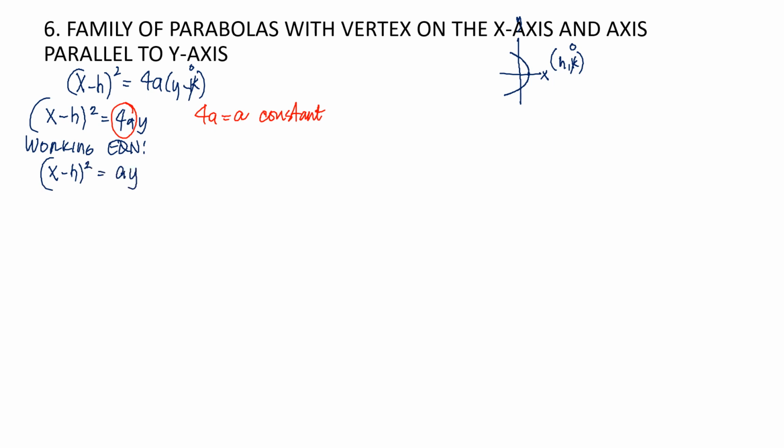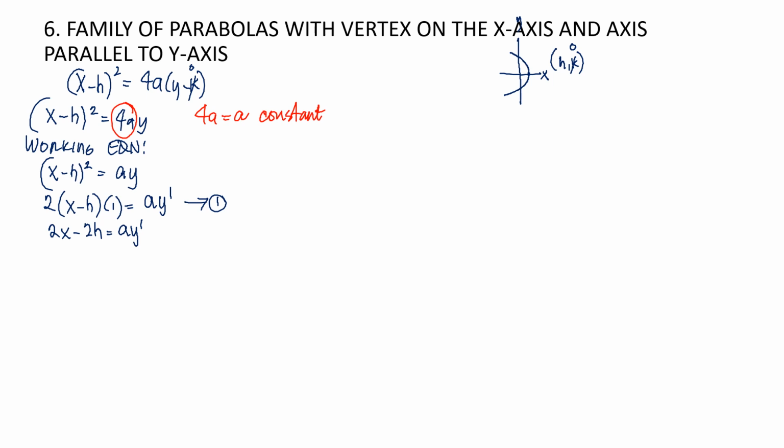Okay. So from our equation, we have two arbitrary constant h and a. So we will be differentiating twice. So first, this is 2x minus h and then 1 is equals to a y prime for our first differentiation. So simplifying this will be 2x minus 2h is equals to a y prime again. So we still have our two constants, and since we've just differentiated once, pwede pa tayo ulit mag-differentiate ng isa pa.